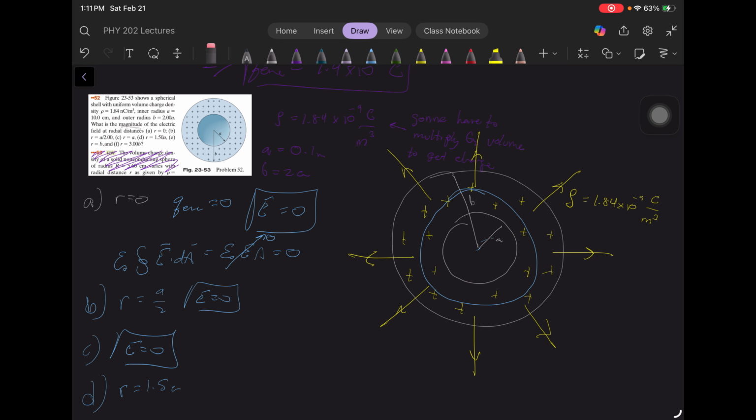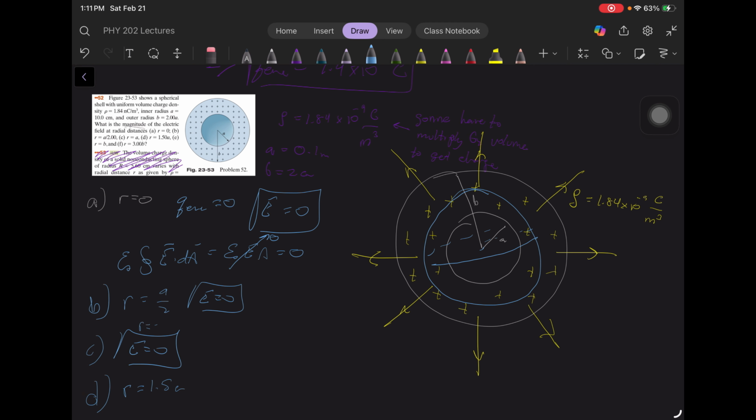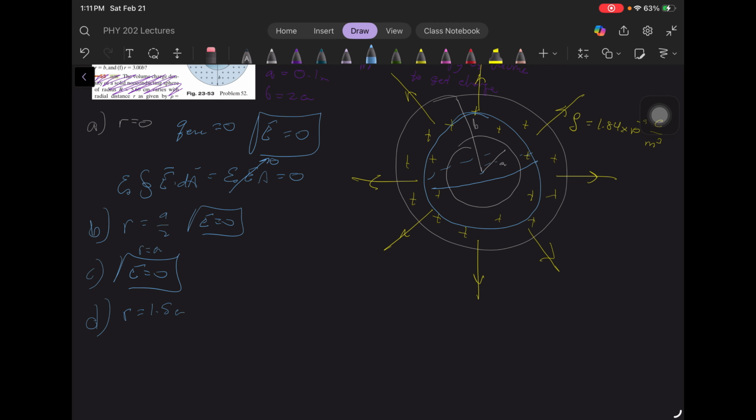Cool. And so we can have this be our Gaussian surface. Now we have some charge enclosed, so we have to actually start doing some stuff. Oh, that was for r is equal to A. Okay, so let's try to figure out how much charge enclosed we have.